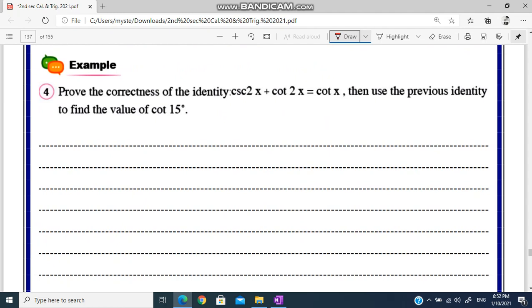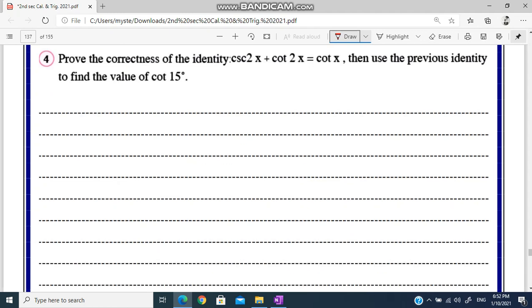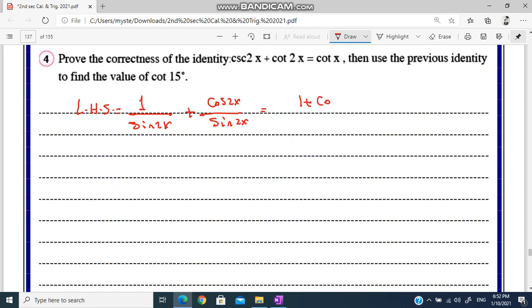Prove the correctness of the identity cosec 2x plus cotangent 2x equals cotangent x. Then use this identity to find the value of cotangent 15. So cosec 2x plus cotangent 2x, take the left hand side. Cosec equals 1 over sine 2x, and the cotangent will be cosine 2x over sine 2x. So it will be (1 plus cosine 2x) over sine 2x.